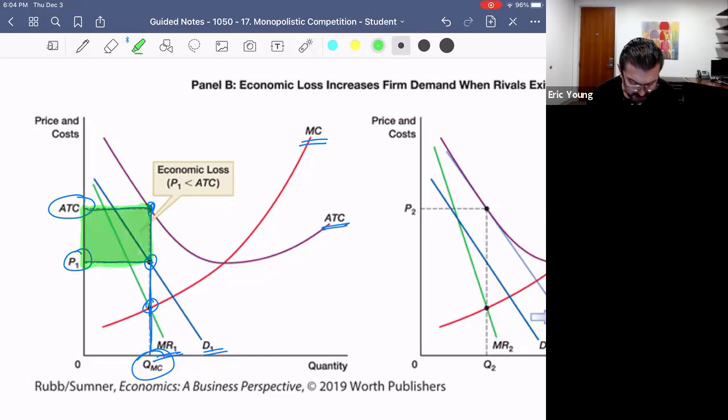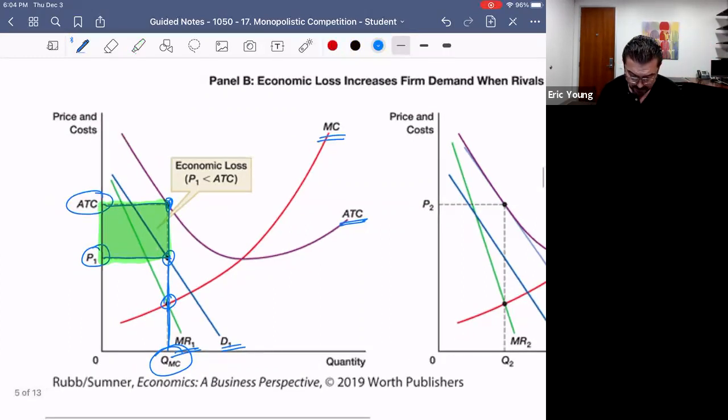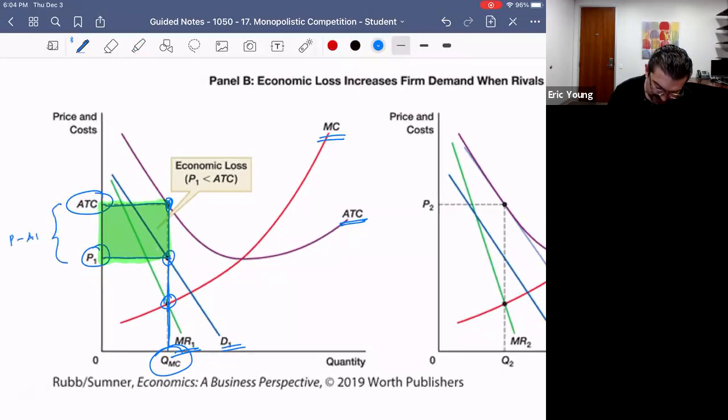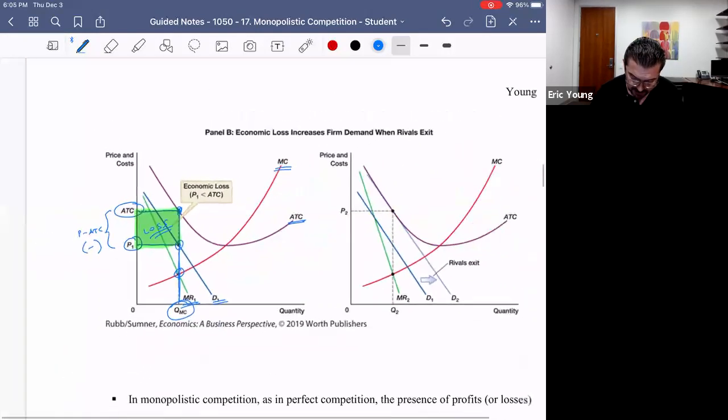But we know that this box would be a loss box because the total costs are greater than total revenue. Or, seen a little bit differently, if you look here, your P minus ATC value is going to be negative. And therefore, a negative profit is a loss. Here is our loss box, okay?